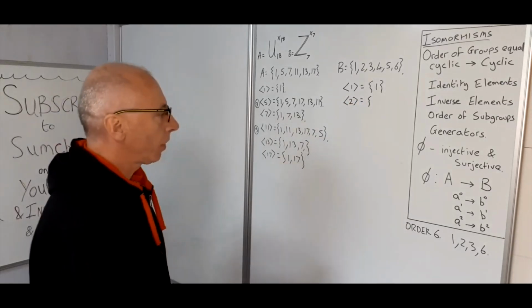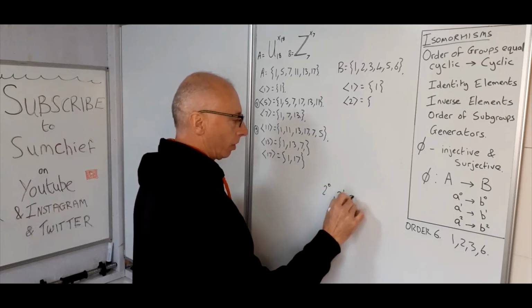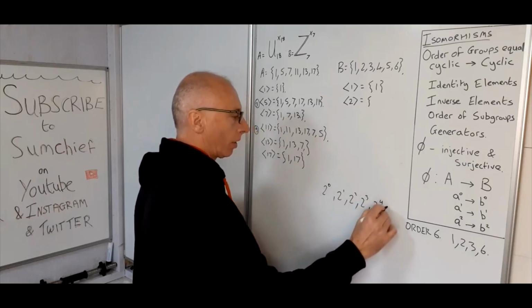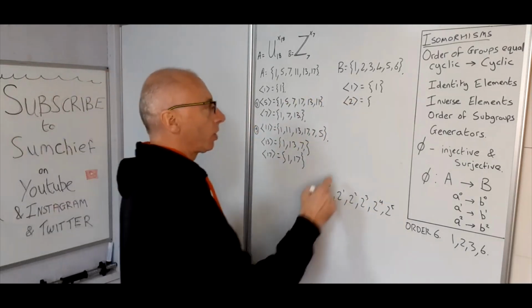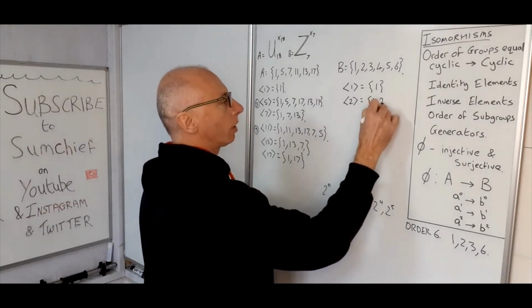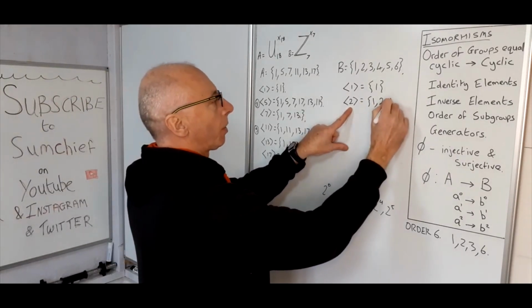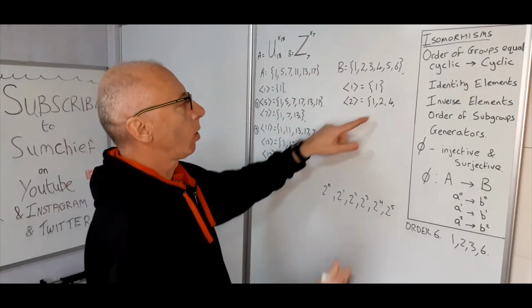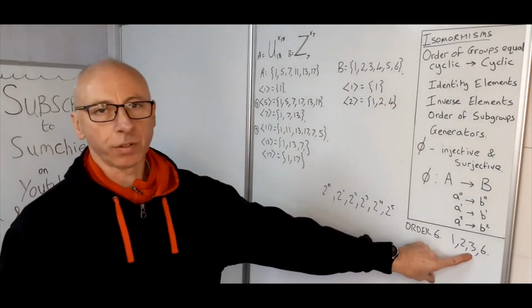So again we follow 2 to the 0, 2 to the 1, 2 to the 2, 2 to the 3, 2 to the 4 and so on, and see what we can generate in this one. So 2 to the 0 is 1, 2 to the power of 1 is 2. Now 2 squared, so 2 times 2 is 4. 4 2s are 8, mod 7 is 1. So that's an order 3.